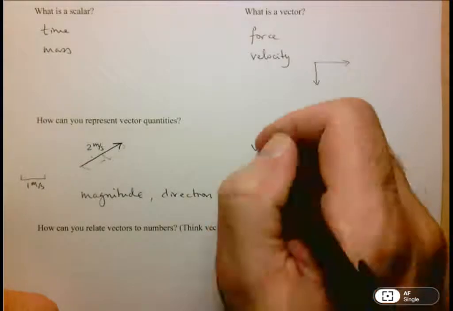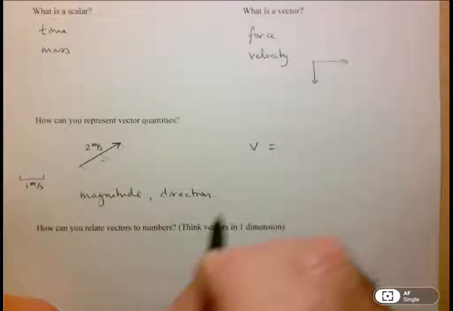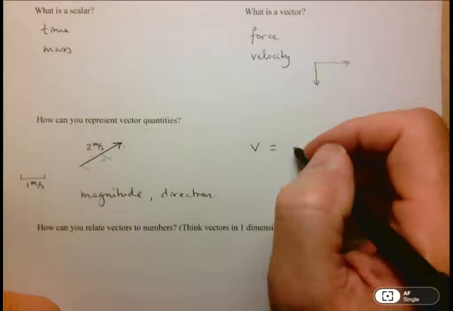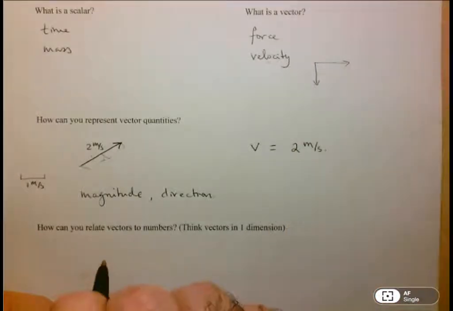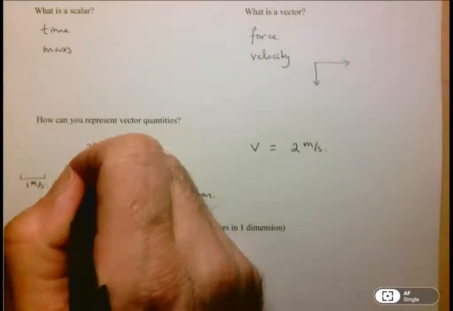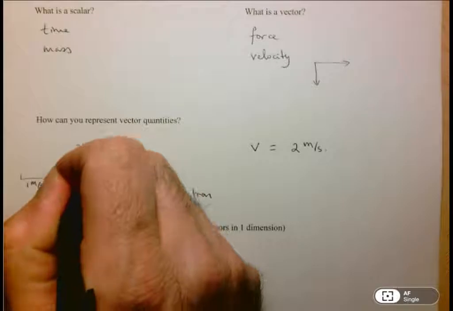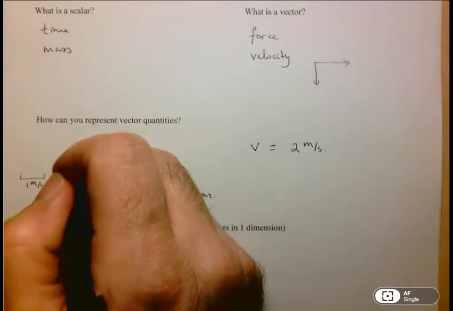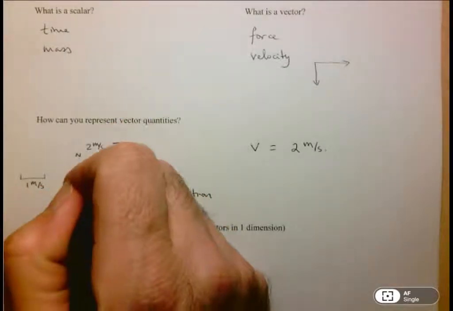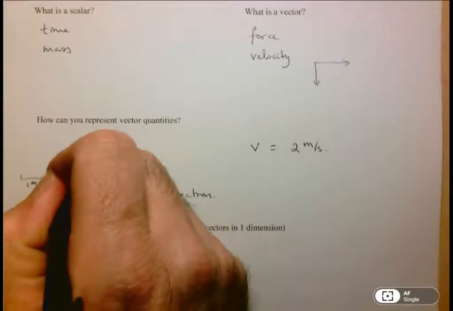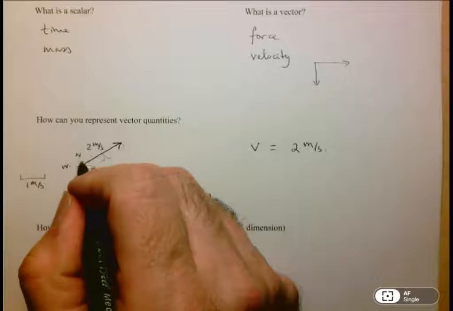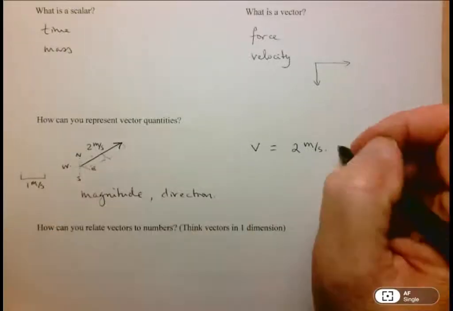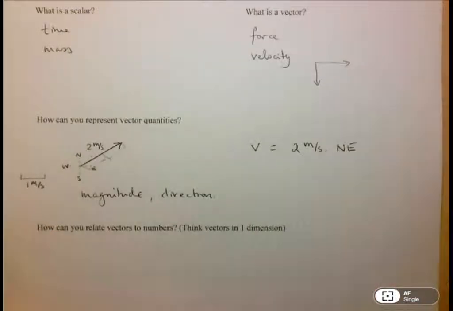A vector will be represented by the magnitude, so let's say 2 meters per second, and for the direction we use the cardinal points. Imagine here you create a little cardinal plane. Cardinal points are north, south, east, and west. So this direction here, if it's exactly in between north and east, can be written northeast.